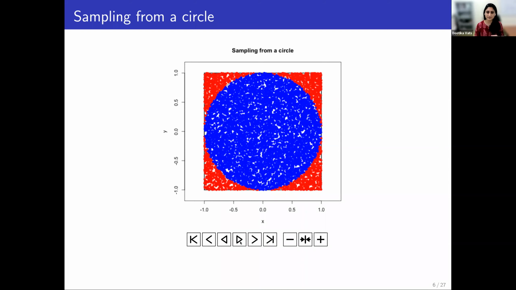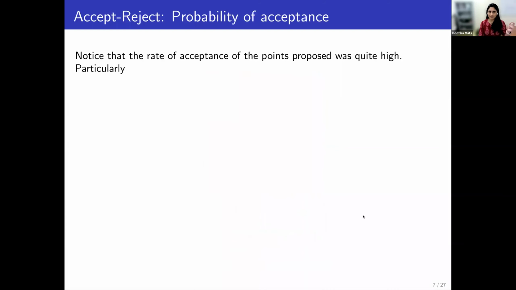Now, let's look at this a little bit in more detail. So in that particular example, what was the probability of accepting? So if we notice, there were a few points that were rejected and a few points that were accepted. And the rate of rejections was fairly low. I mean, the number of red points didn't seem that high compared to the number of blue points. Okay?